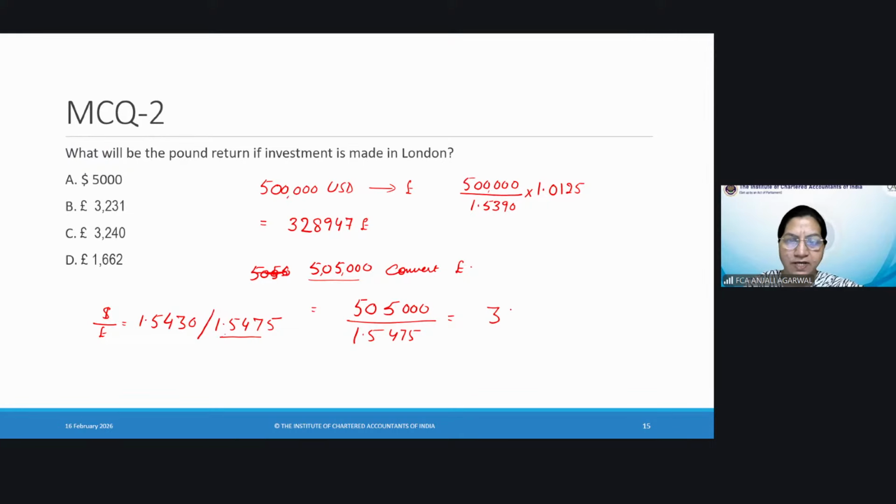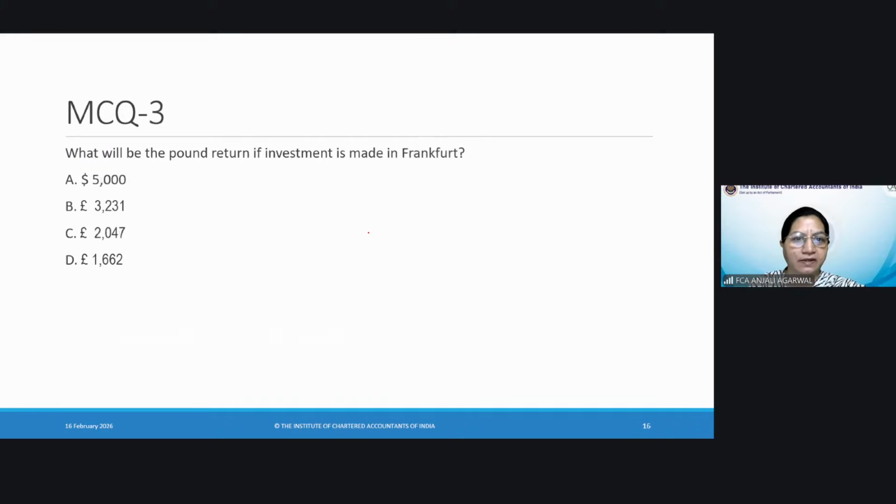So it is 3,26,332. So the pound return here will be less. Okay. Next, what will be the pound return if investment is made in Frankfurt?